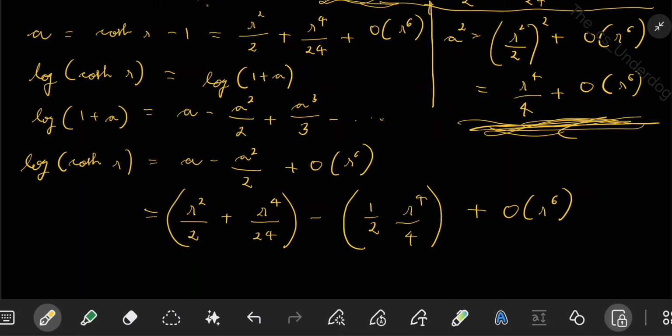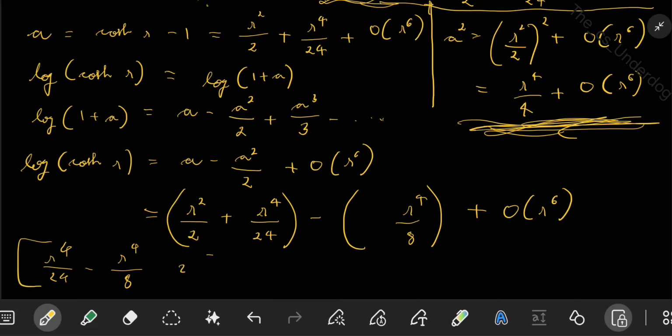If you further solve this, you can see the r power 4 term is here as well as here. If you join both, what happens? Here it is r raised to 4 by 24, here it is r raised to 4 by 8. If this is 24, 3 will be there. I'll just show the combination here for you: r power 4 by 24 minus r power 4 by 2 into 4, that is 8.